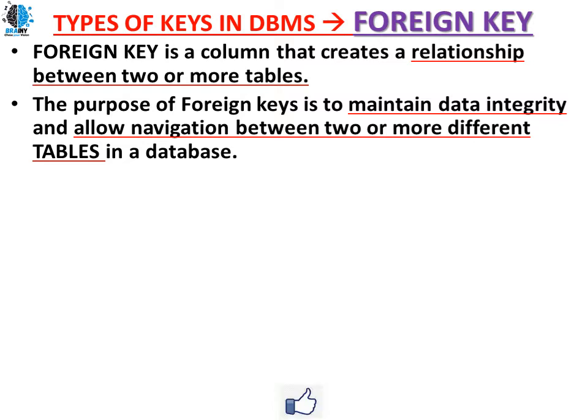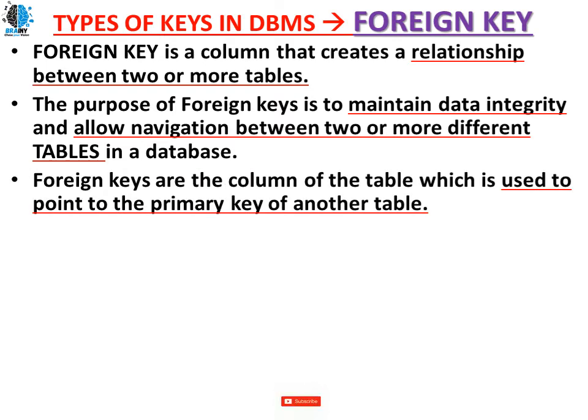Which customer means the customer table, which product means the product table. So you are combining the product table and customer table in a purchase table. You are maintaining data integrity and navigating between two or more tables, from the customer table to the product table and back.